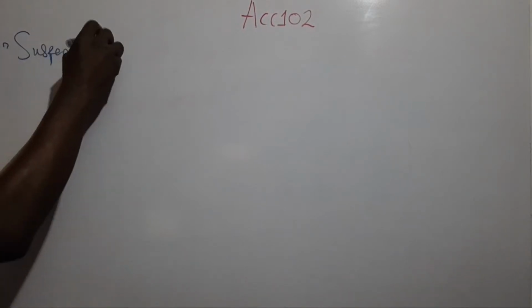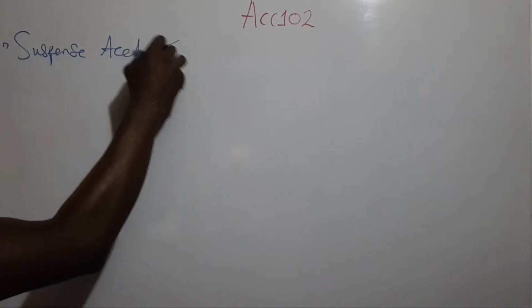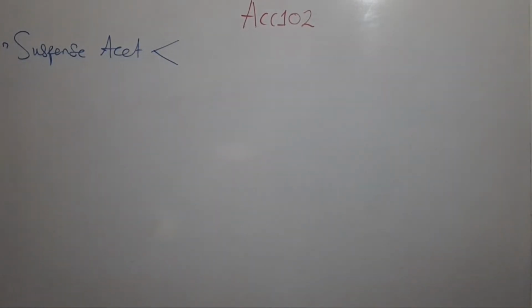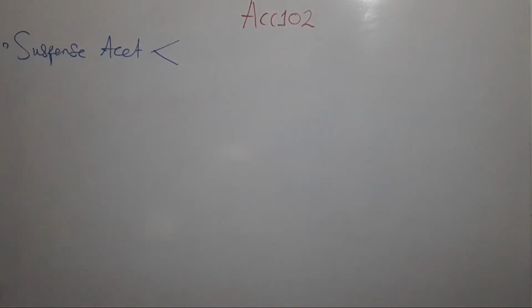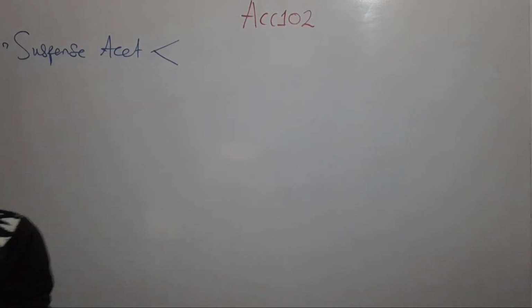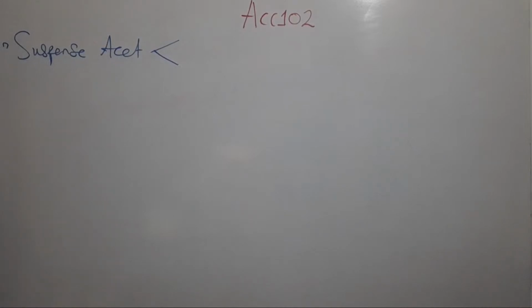Whenever the trial balance does not have accurate balances, then the suspense account comes in. Look at what it says here.